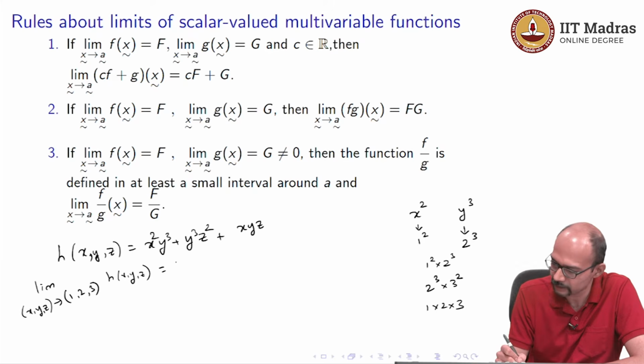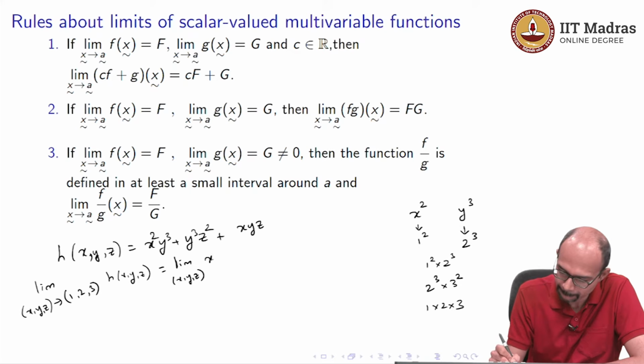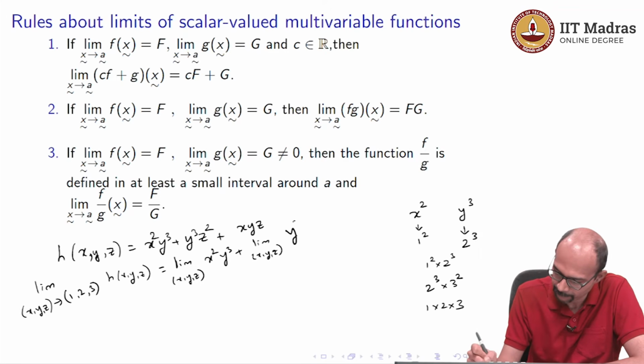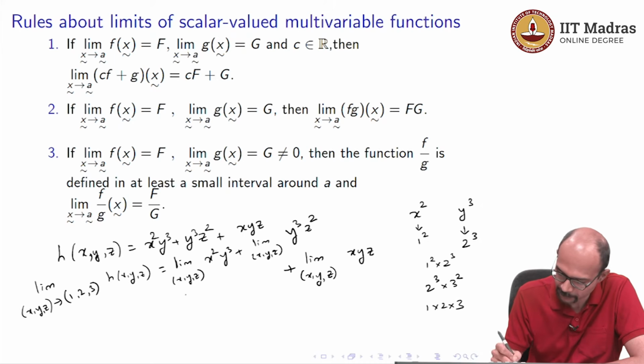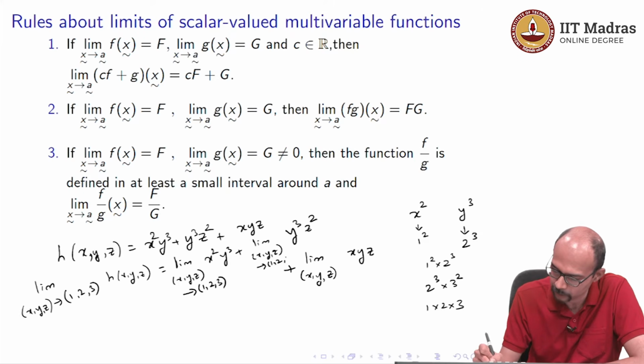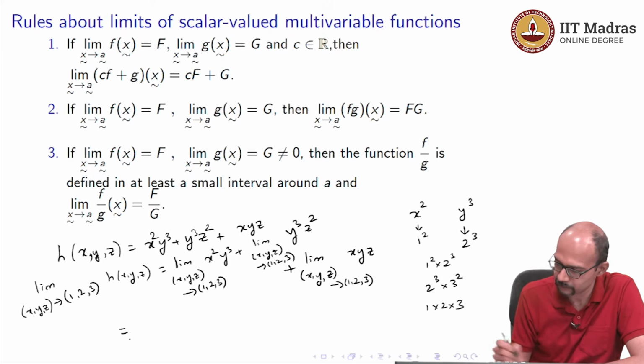You can just say that this is the limit of each of these individually, and of course, limit xyz tends to 1 2 3, and we have computed all those using these rules.